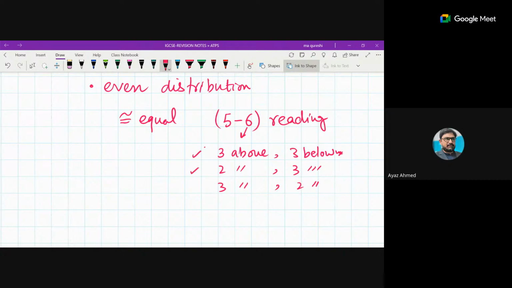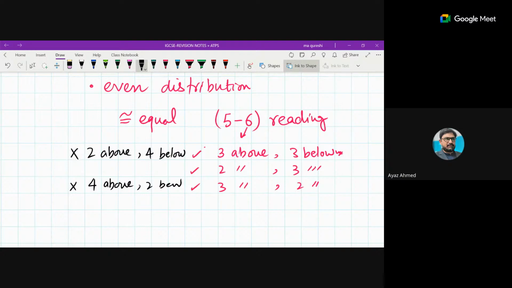That is acceptable. But if you have 2 above and 4 below, or 4 above and 2 below, or any difference more than that, it is not acceptable.